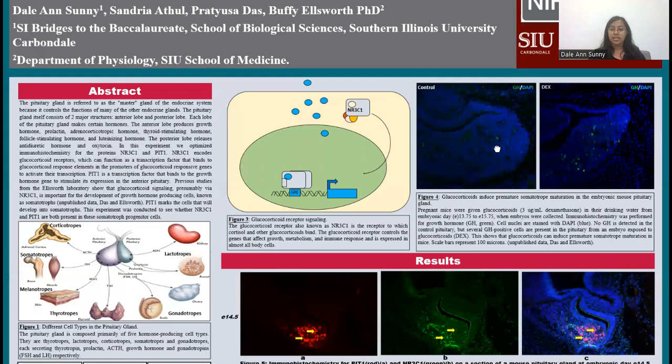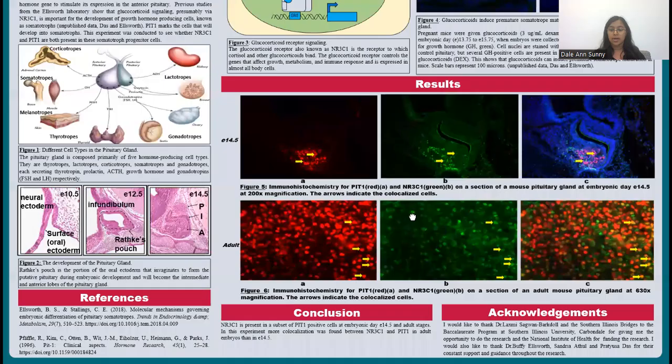Going down to our results, my results were based on the mice which were aged 14.5 days old. We performed immunohistochemistry on them, and it's a process which takes 3 days.